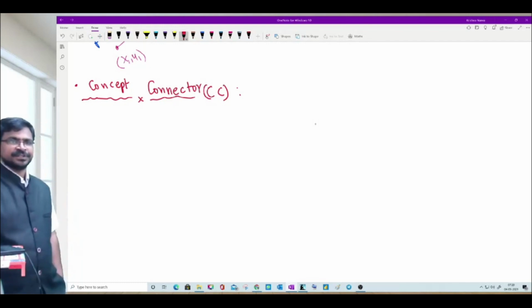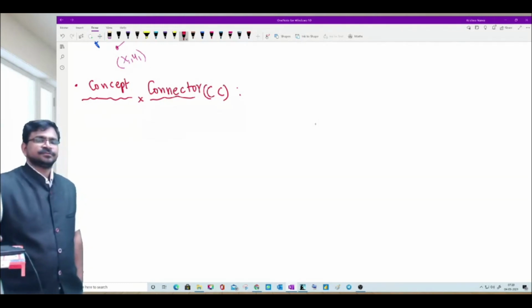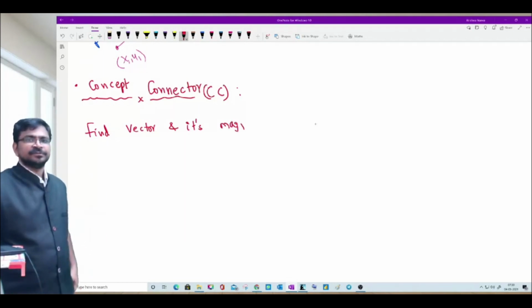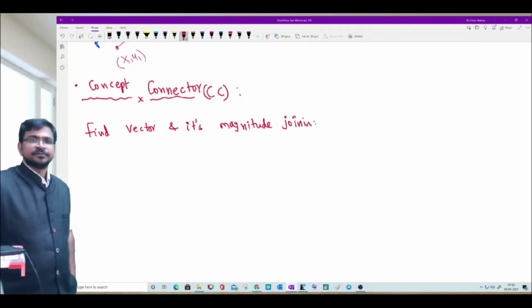Let me write down the question. Find the vector and its magnitude joining two points. Let me take your favorite numbers, 5, 10 to 15, 25.